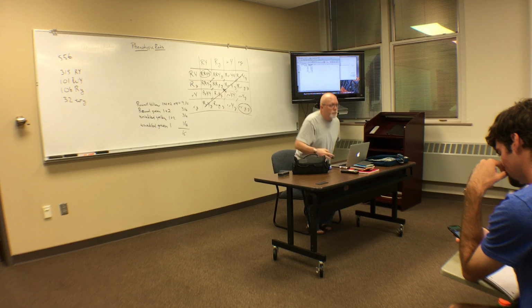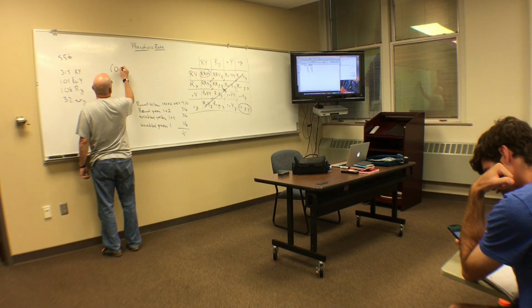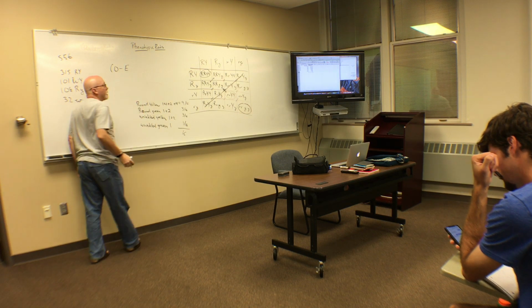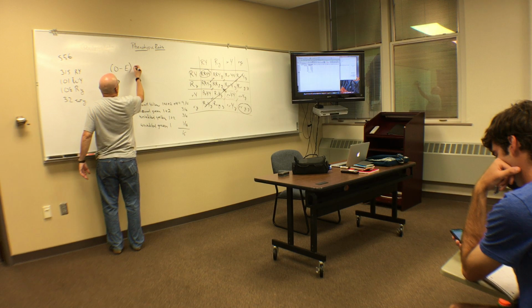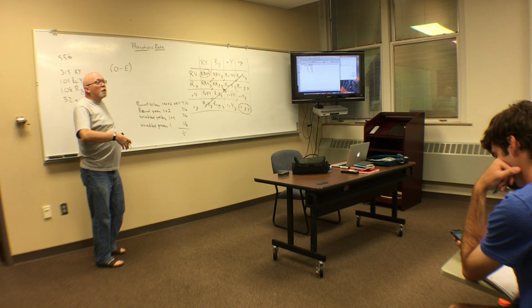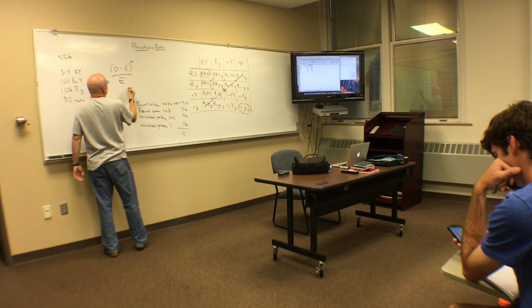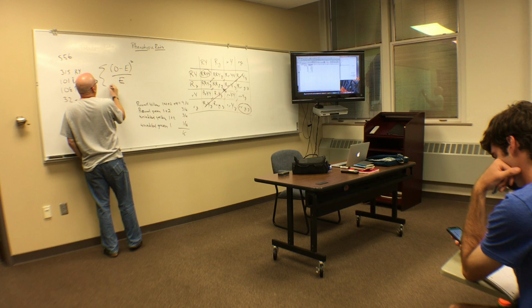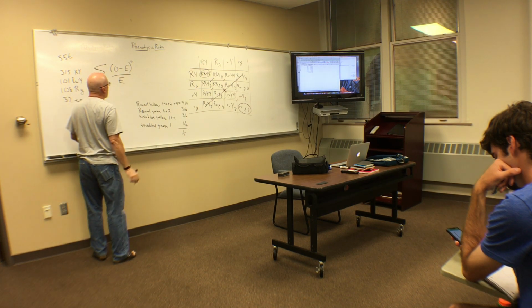So what a chi-square test does, and this is a test that we use in genetics, is it compares the observed and the expected with one another, so it subtracts the expected from the observed. Because in some cases, the expected will be above the observed, in some cases it will be below the observed. We square that, we divide it by the expected value, and we sum this up across all of our categories.